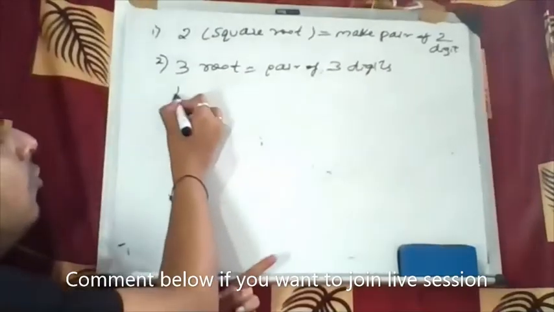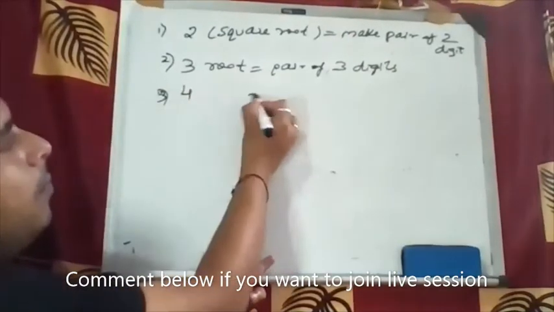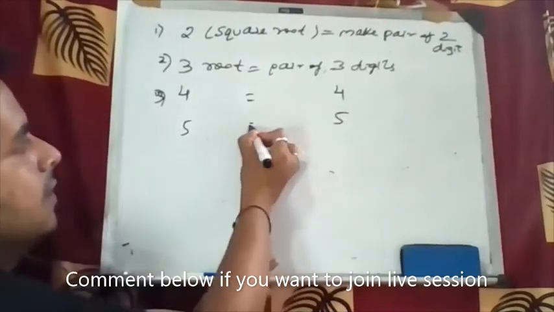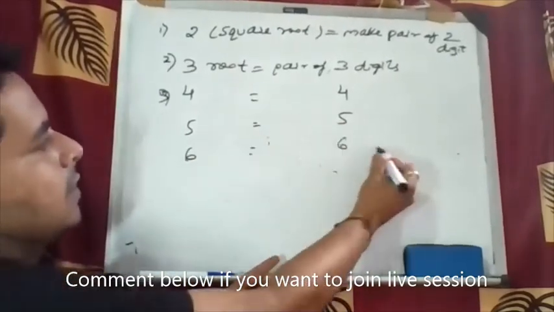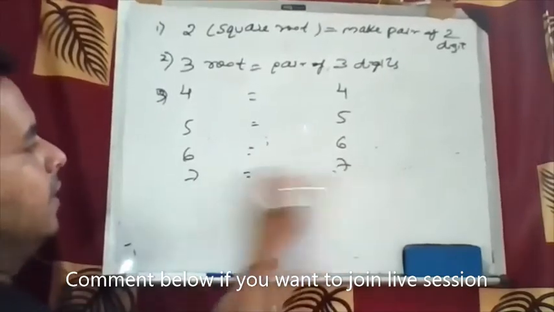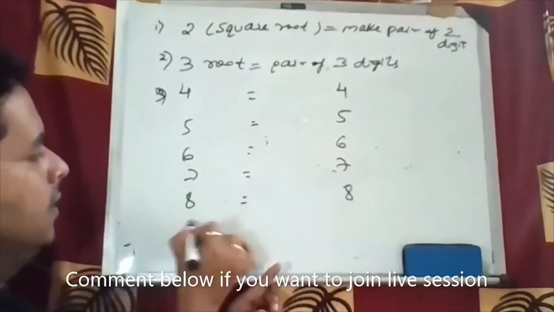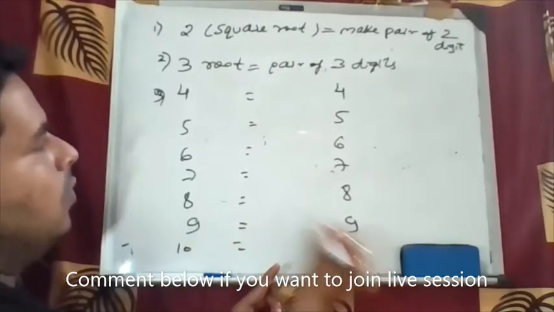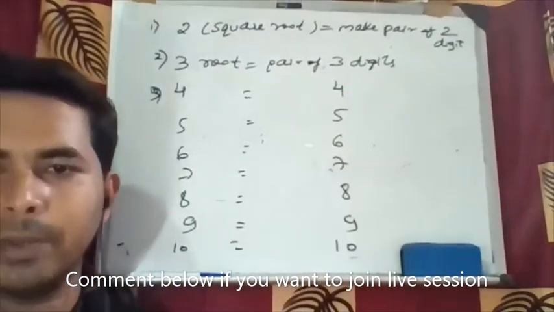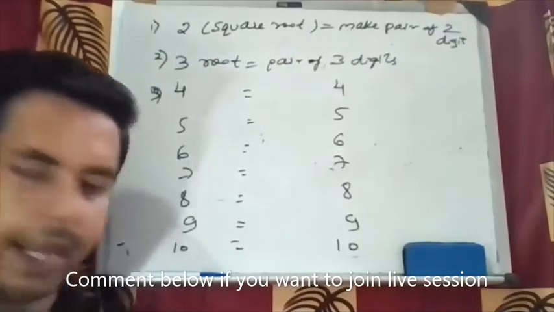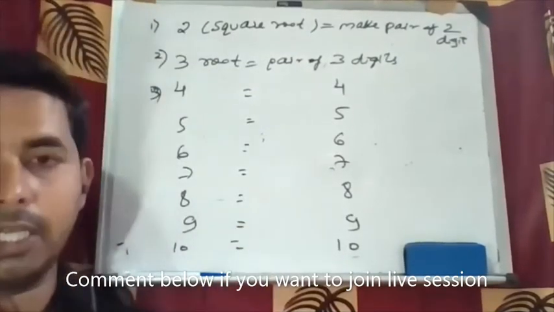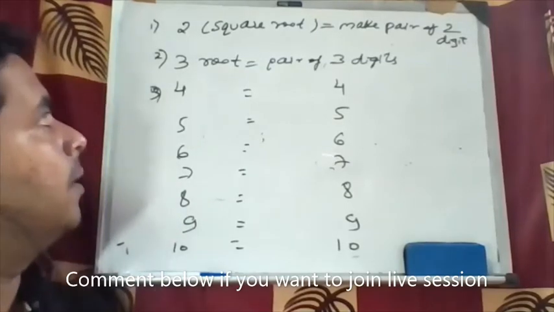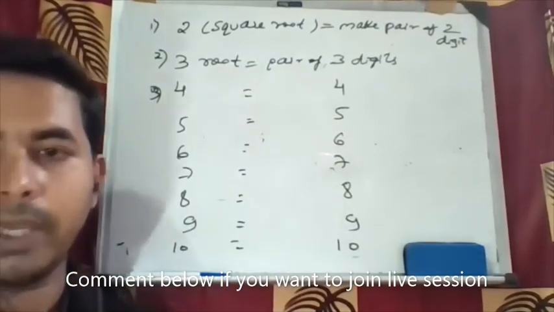If it is a fourth root, group of 4 digits. If it's a fifth, make a group of 5 digits. If it's a 6, make a group of 6. And 7, 7, 8, 8, 9, 9, 10, 10, and so on. Just remember, whenever they ask you to find a root of any decimal value, just keep in mind how to make the groups.